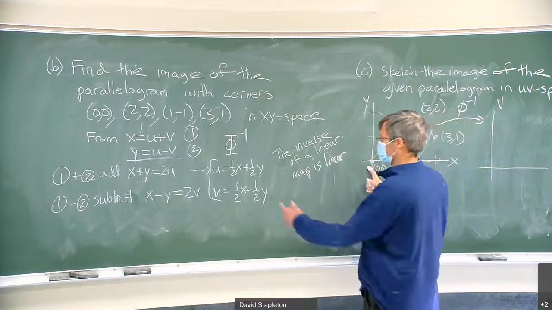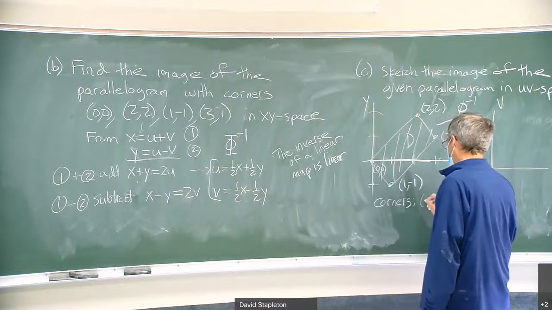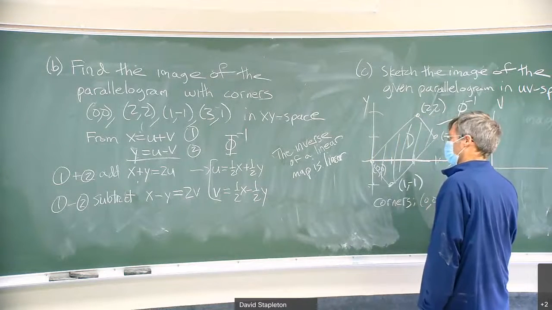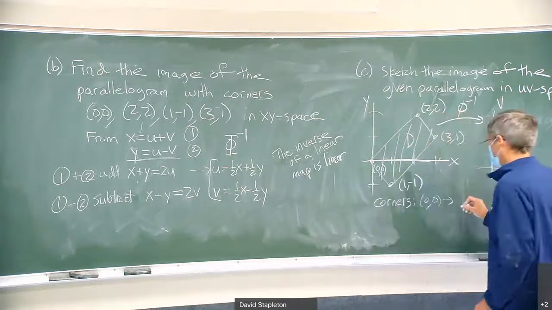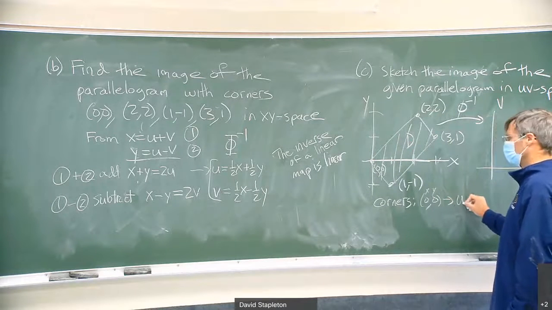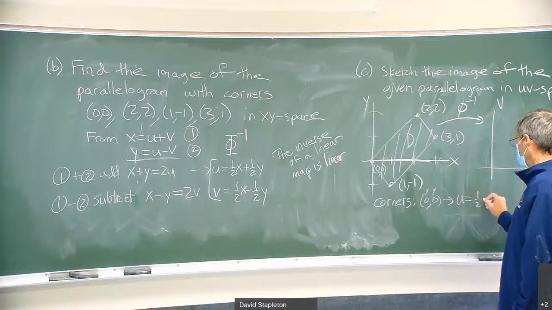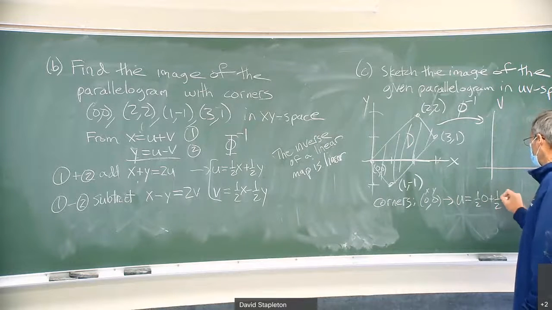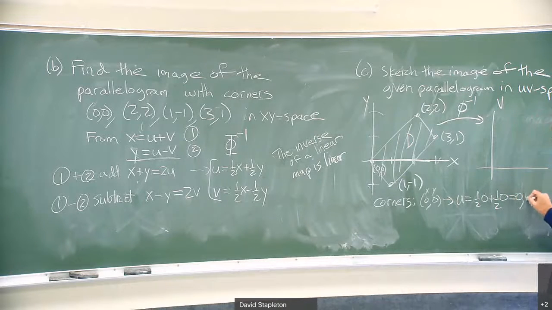We already know the origin is going to go to the origin, but we can do it anyway. 0, 0 goes to U equals 1/2 times 0 plus 1/2 times 0. Sure enough, it's 0. And V equals a half times 0 plus a half times 0, which is 0. So it takes you to the point 0, 0.